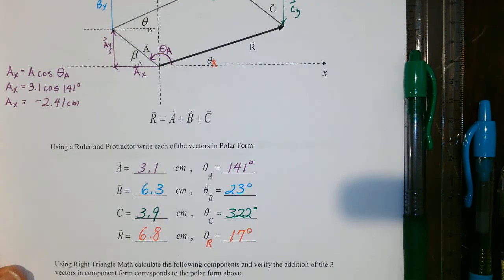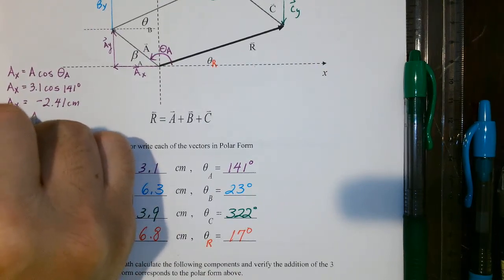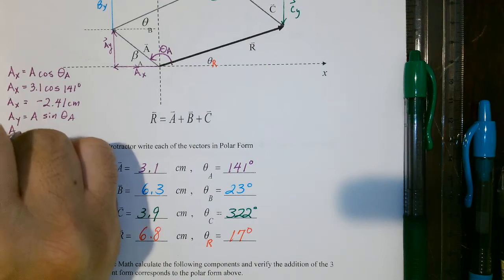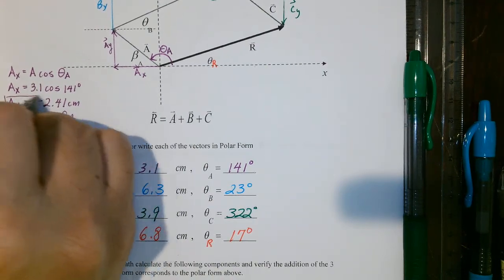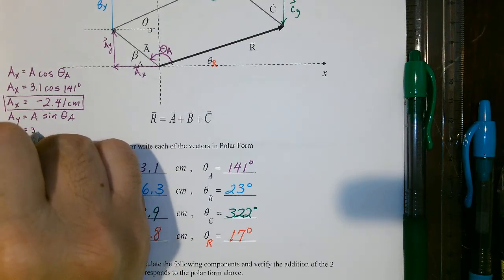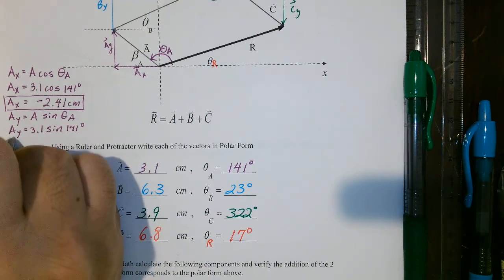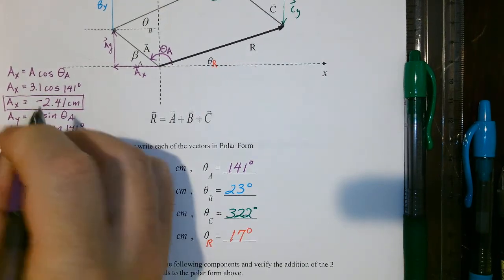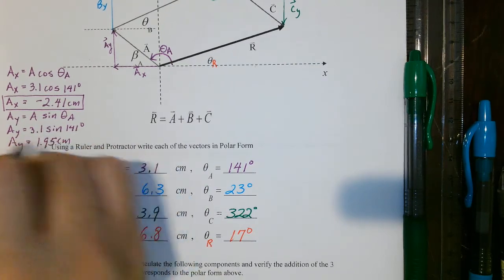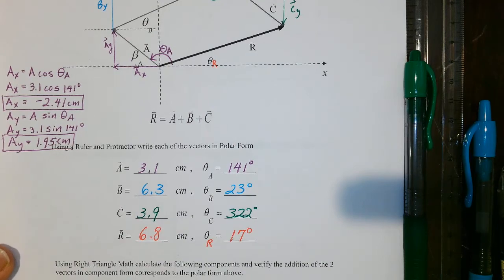Okay? And then AY is equal to A sine of theta A. Therefore, my AY is equal to, let's box that off, 3.1 times sine of 141. And my AY is equal to 1.95 centimeters.